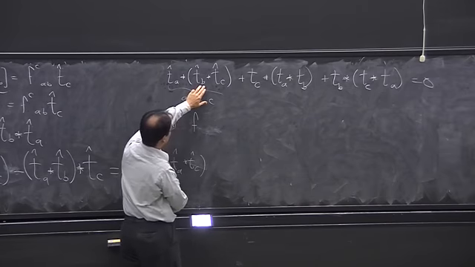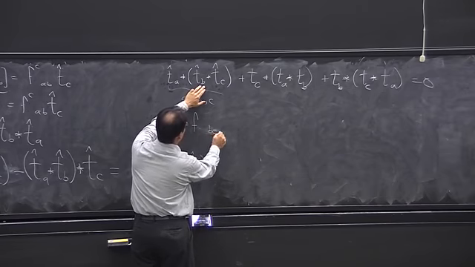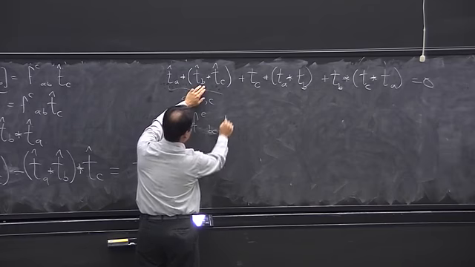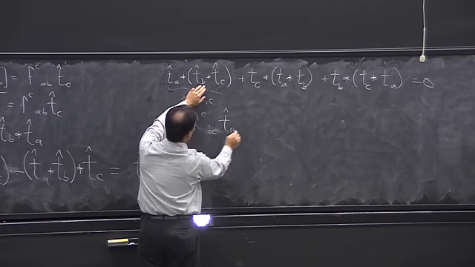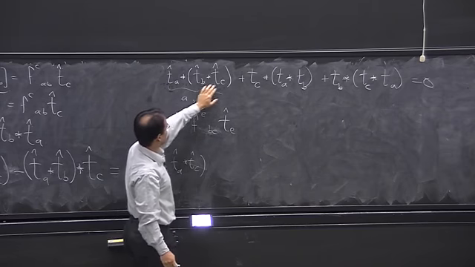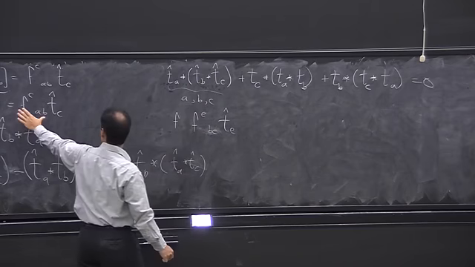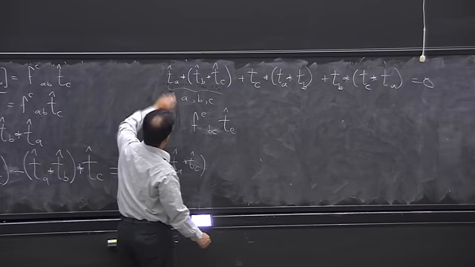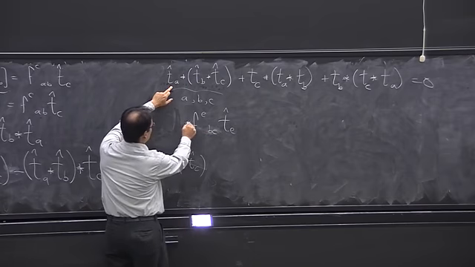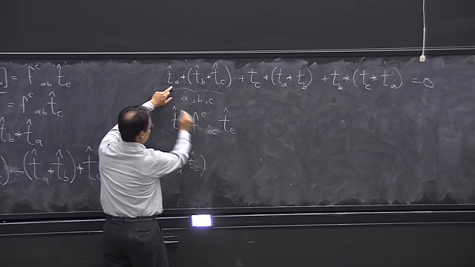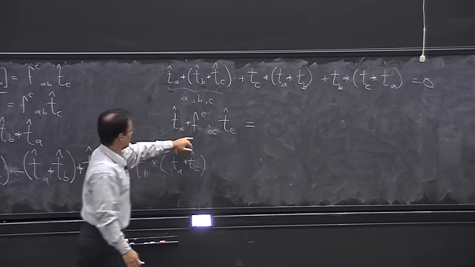So let's do it for this one, say. We have f BC E, because this becomes some generator T_E. OK? So that's the answer of this product using this formula. And now we have to multiply that with T_A. And what do we get?